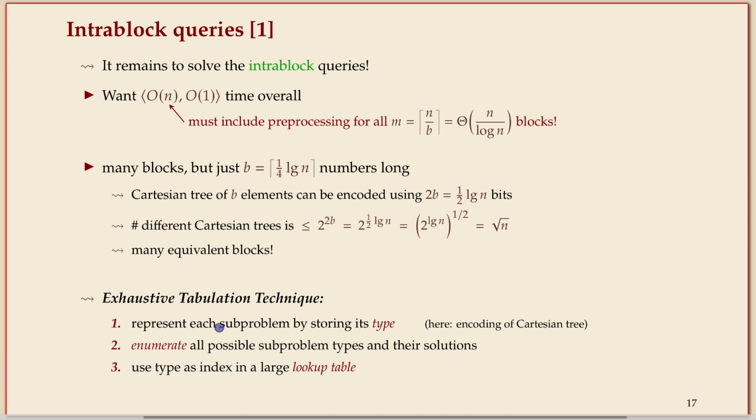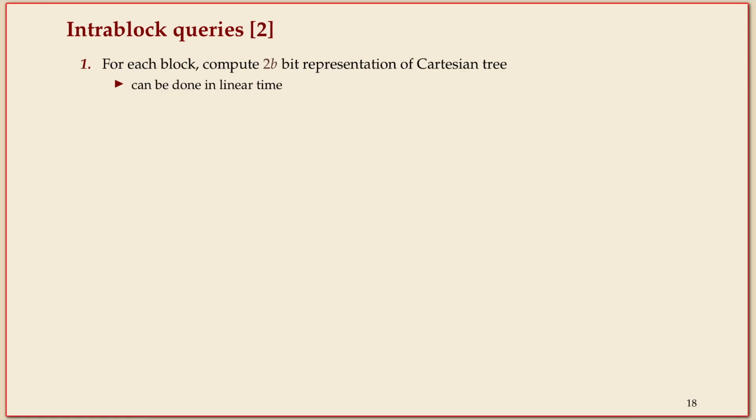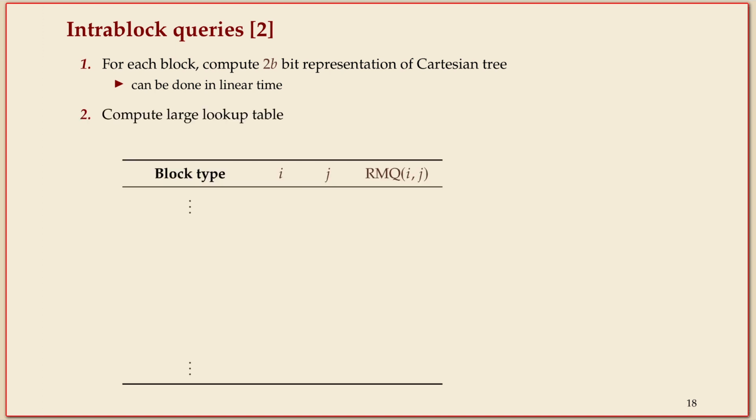And then we use the type of a block as the index in a large lookup table. Let me show you this example before we come to this. The way you should think about this large lookup table is the following.